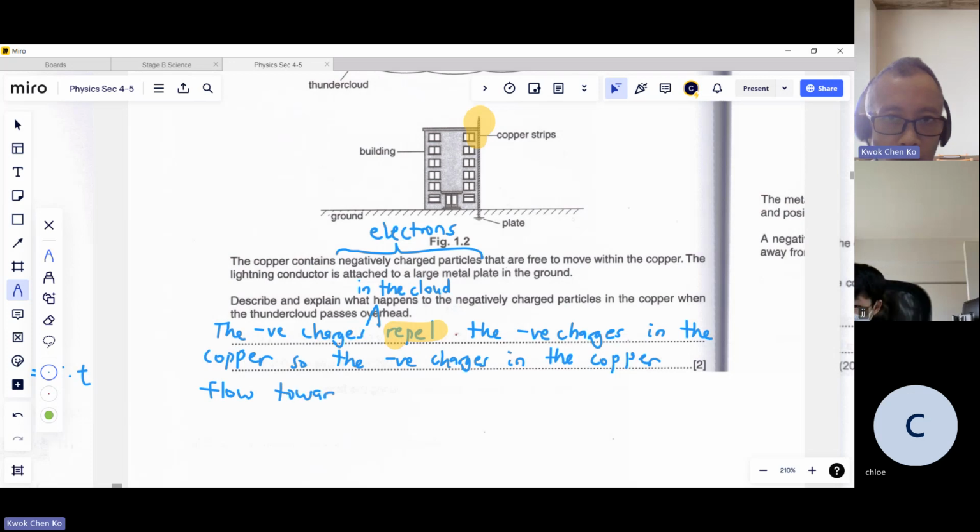Now it's also good if you mention exactly where they move. I mean, you move downwards is fine, but no harm adding in what you're given. All right, in your question, they did use this plate and they also did use the word ground.